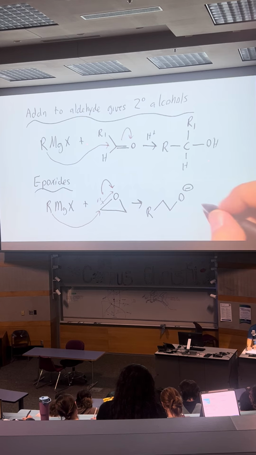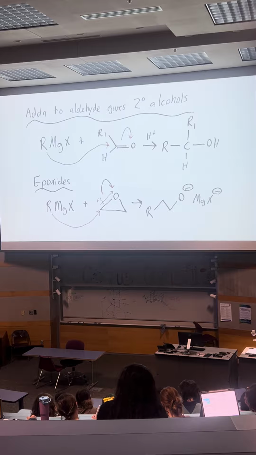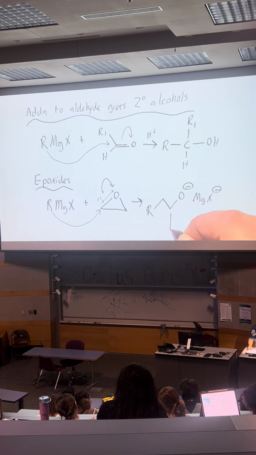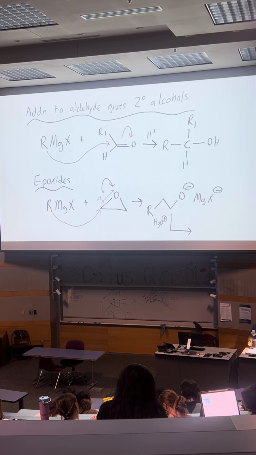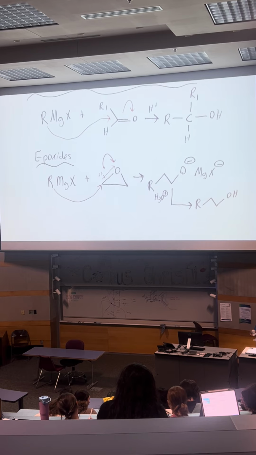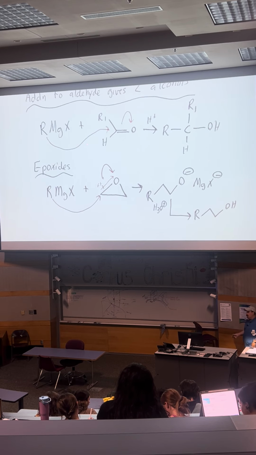It gets trapped momentarily as a magnesium salt, as is the case with all these reactions, right? And then all you have to do, like in every single other reaction, is hit this with hydronium, which is just a little bit of acid and water to protonate that O minus. And now you get a primary alcohol that you've extended by 2 carbons, depending on what your R group was from the Grignard reagent.